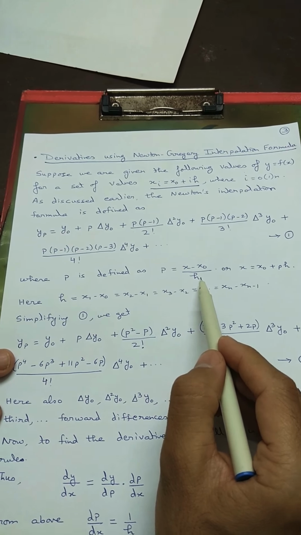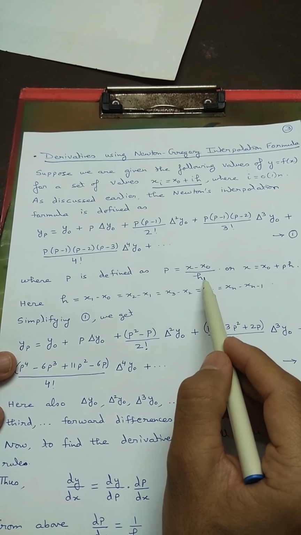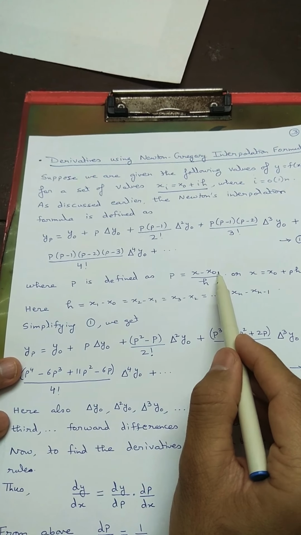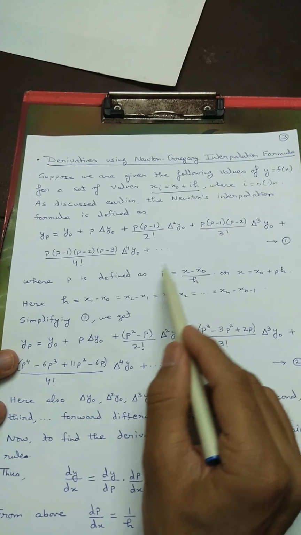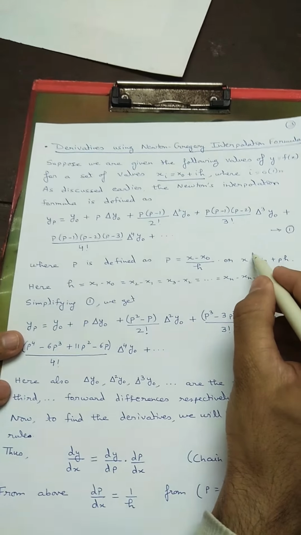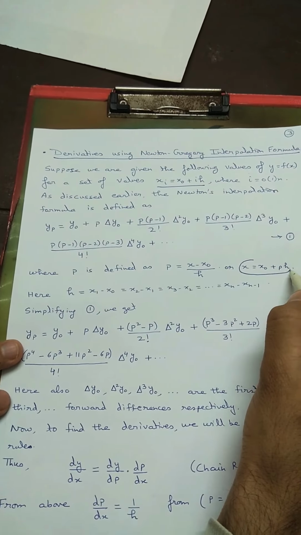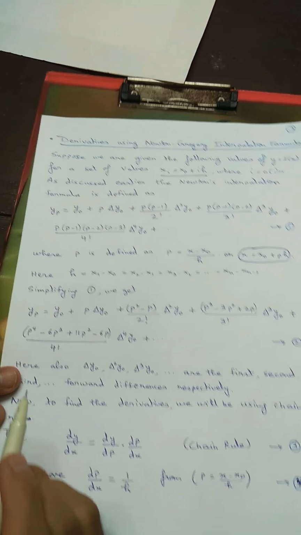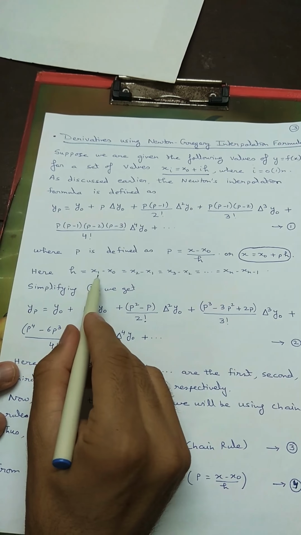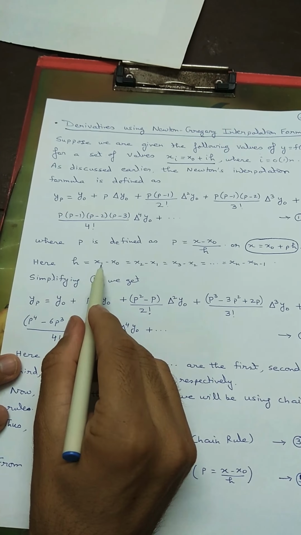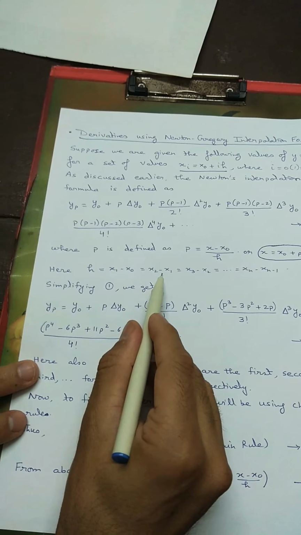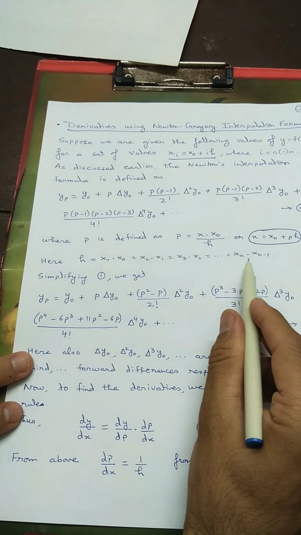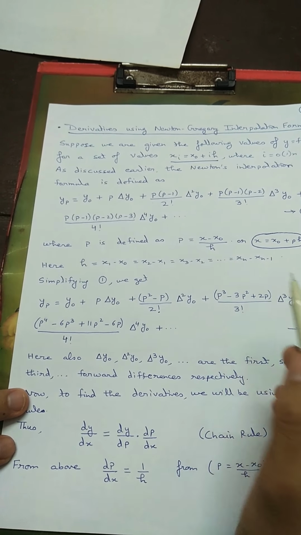As I mentioned before, h is the step size, x naught is the first value of that interval, which can also be written as x equal to x naught plus ph. So for an equally spaced interval, I mean that x1 minus x naught equals x2 minus x1 equals x3 minus x2 equals xn minus xn minus 1.